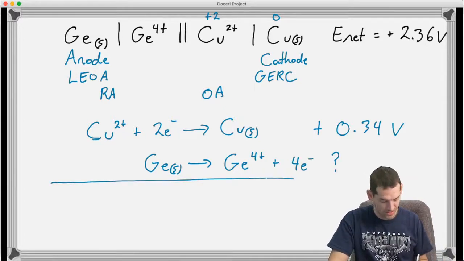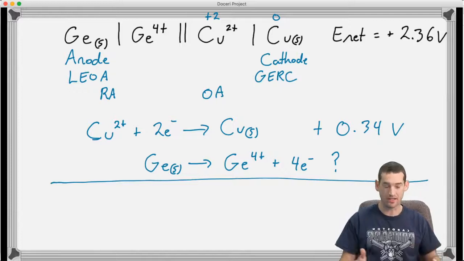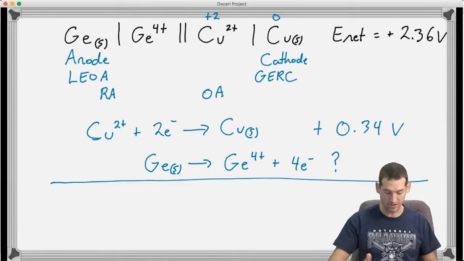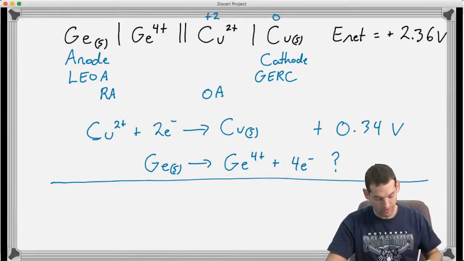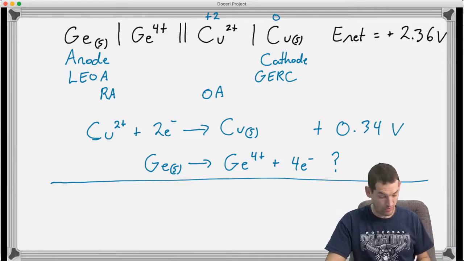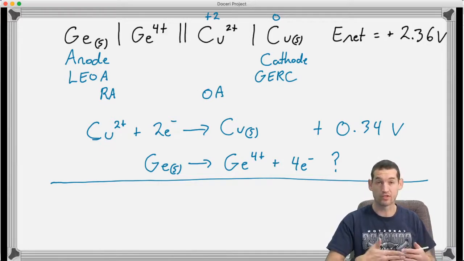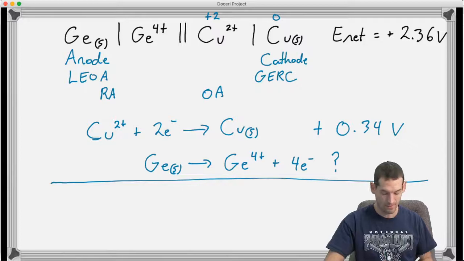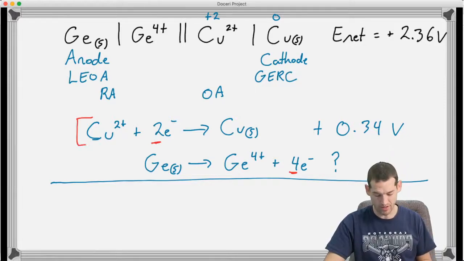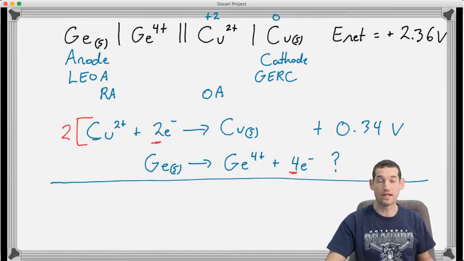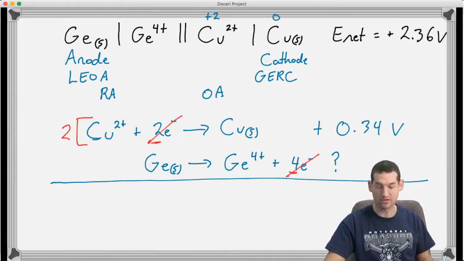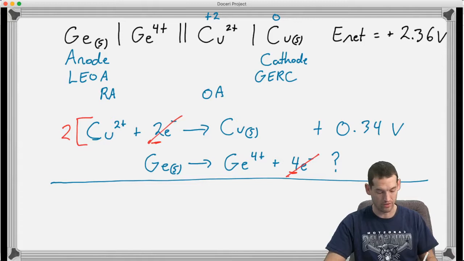Now the question doesn't ask for it, but just for practice, we could figure out this net reaction. To combine our two reactions, we first have to balance electrons. This one right now is gaining 2. This one's losing 4. So to make that work, we're going to multiply this reaction by 2. Now it's gaining 4 and losing 4, so we can cancel out our electrons.